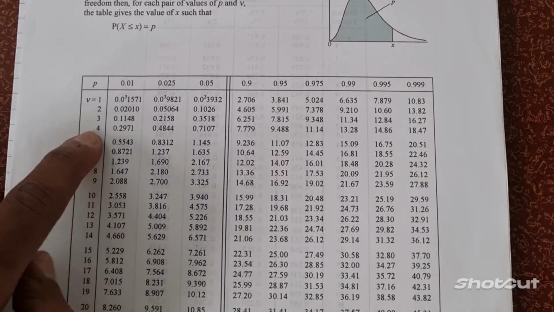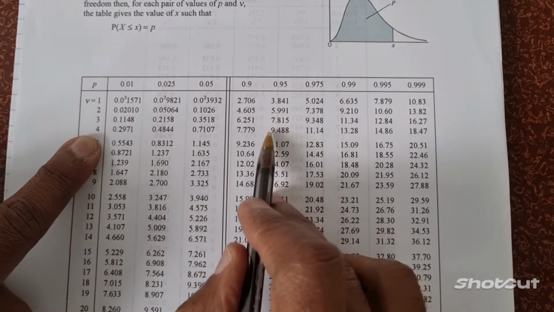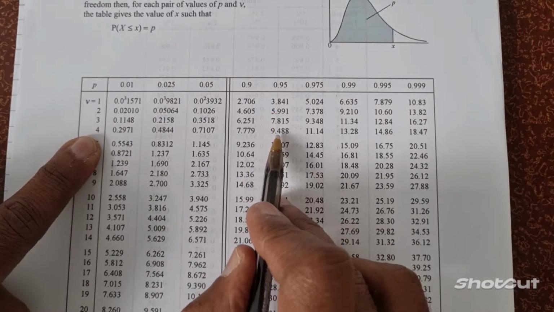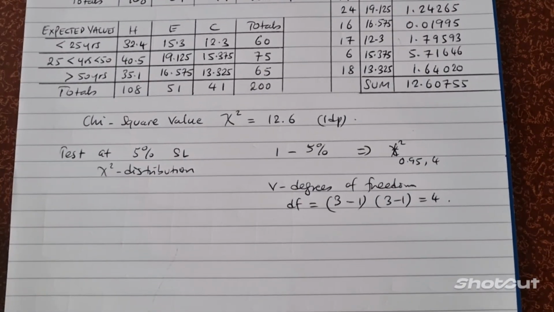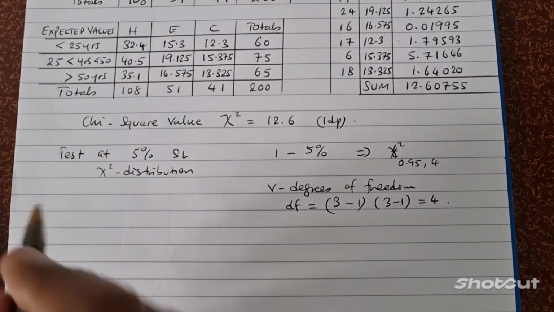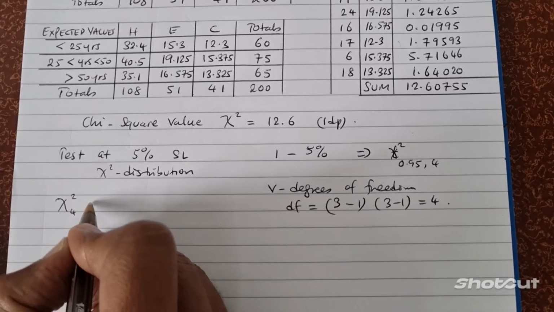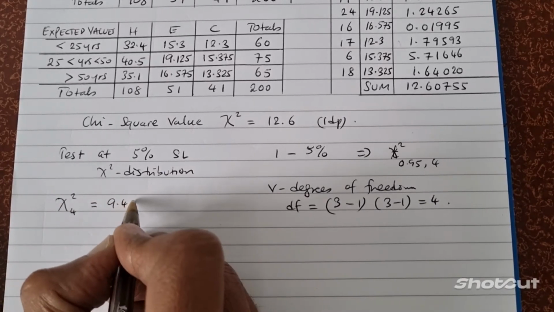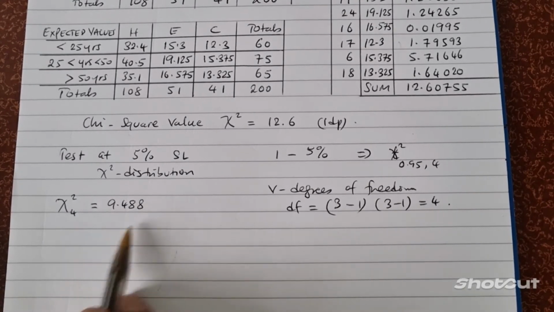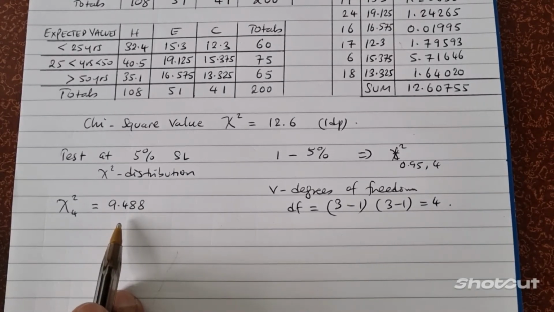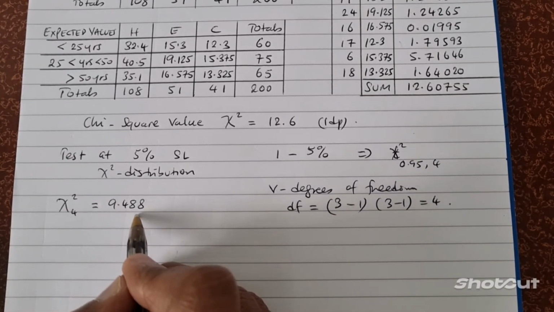Degrees of freedom is 4, and 0.95 is here, so I got 9.488. That's the critical value.